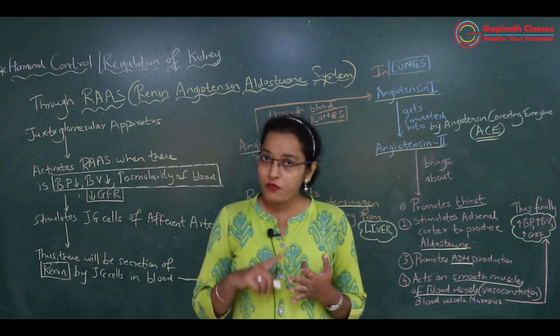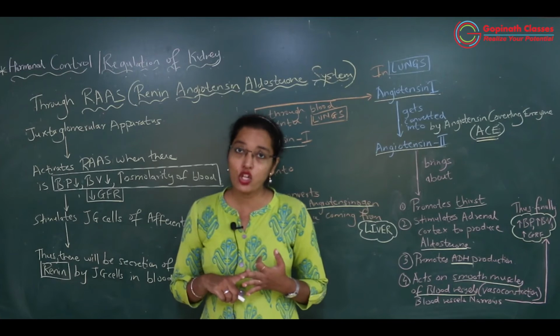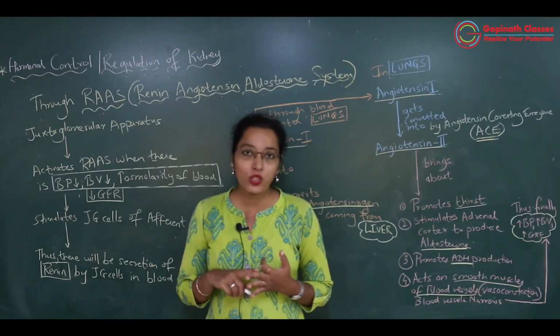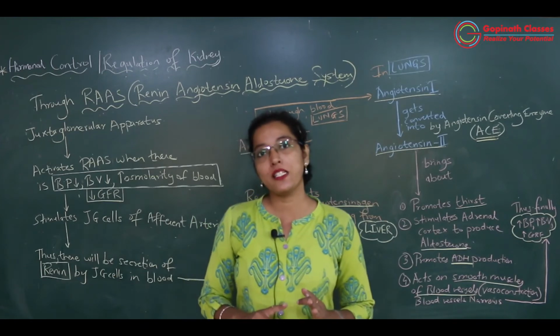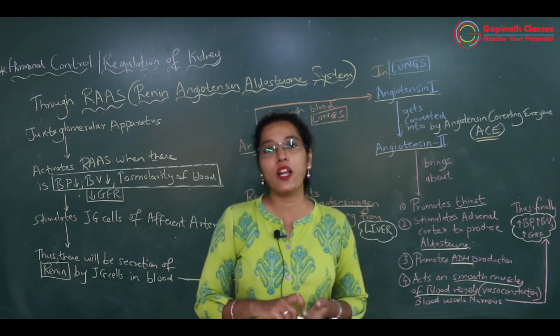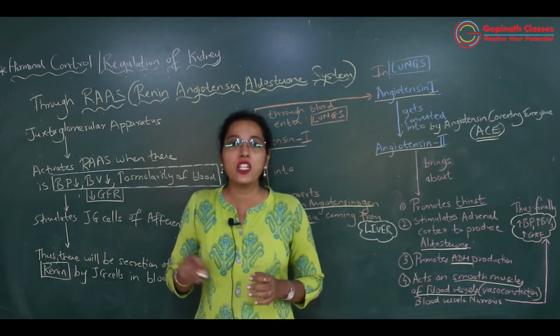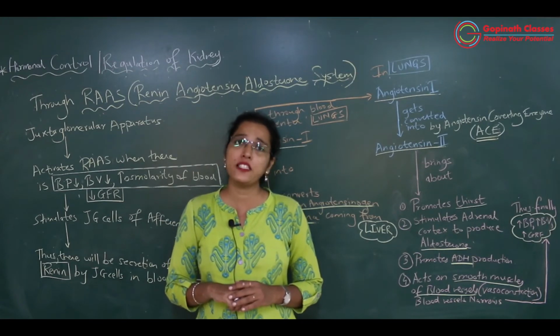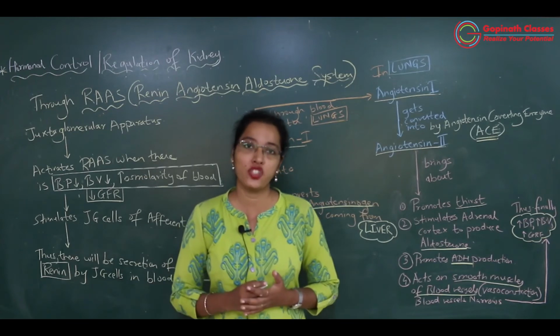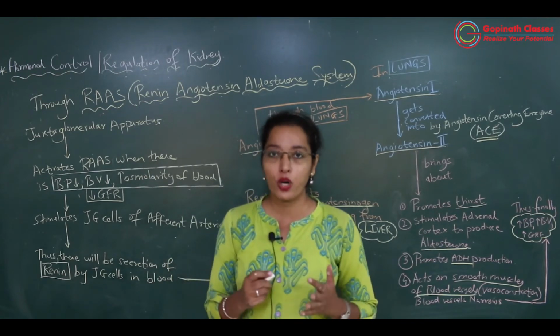Then the JG apparatus also consists of one more thing, that is Lacis cells. Lacis cells are the cells which are present between the afferent arteriole and efferent arteriole and between the loop of the glomerular blood capillaries.